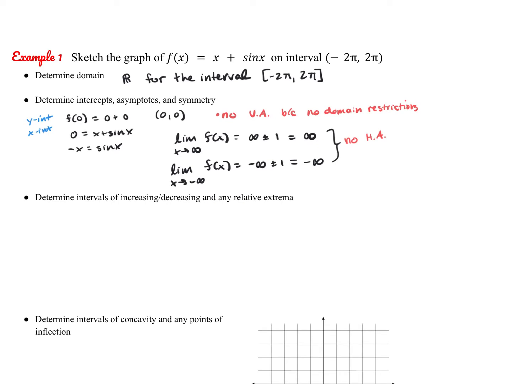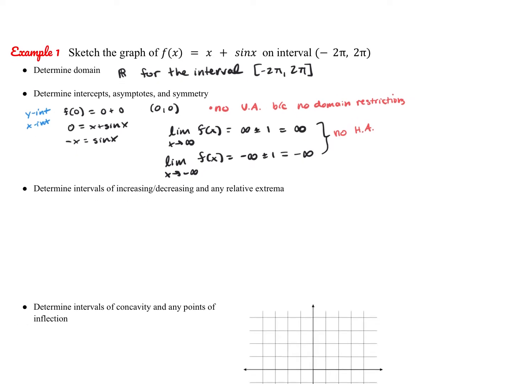And then here we can do our quick little symmetry test. Again, if we know something is even or odd, it can actually save us some time. So for a symmetry test, we plug in negative x, and we see what happens. If I substitute negative x for this portion of my graph, it becomes opposite. And we know that sine is an odd function, so the sine of negative x is negative sine of x.